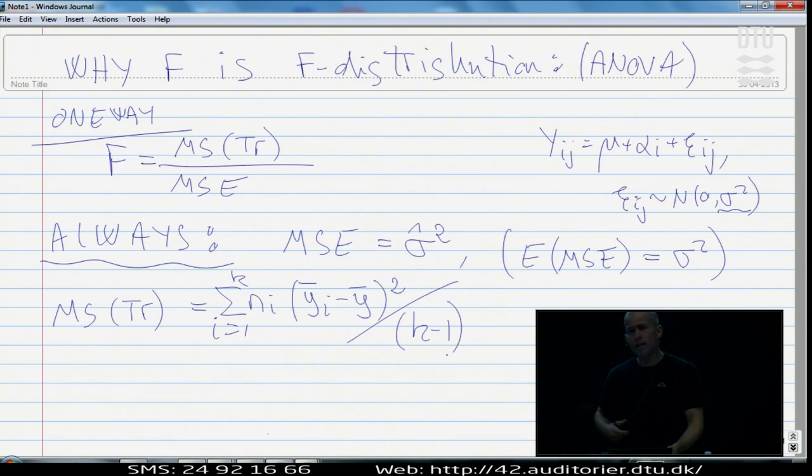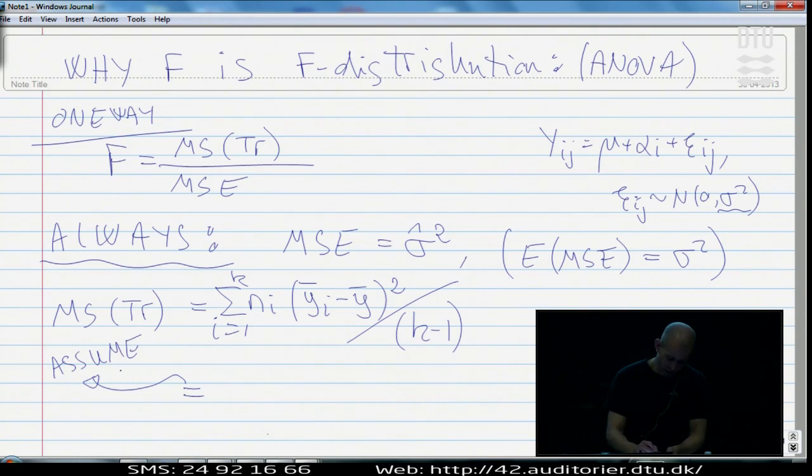Now, I'm going to take you through the argument under an assumption. I'm going to assume, just for simplicity, that all the n_i are the same. This is not an assumption as such for the whole one-way ANOVA setting. Also, it's not really an assumption for the interpretation I will give you. It's just easy to make it exact under this assumption.